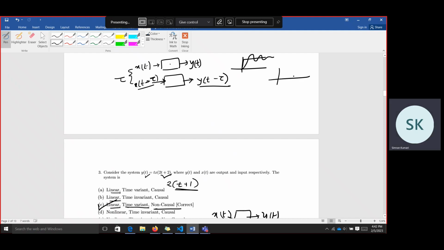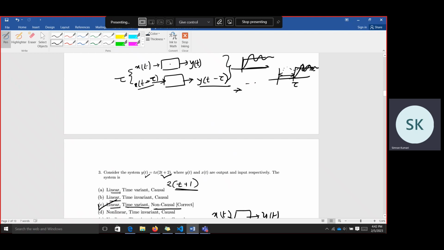And then if after time tau we are applying the input, the output pattern is the same, like the same output but time shifted. This is the shifting; earlier it was like this. This is the time invariance idea. Generally a circuit which has constant parameters, like an RLC circuit, or a mass spring damper system, has constant parameters, and this is a linear system.